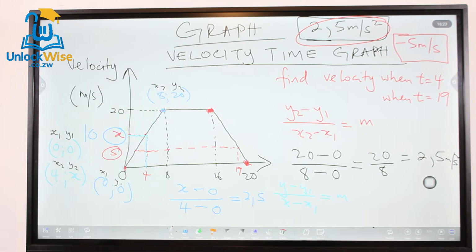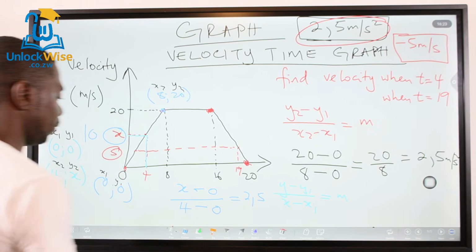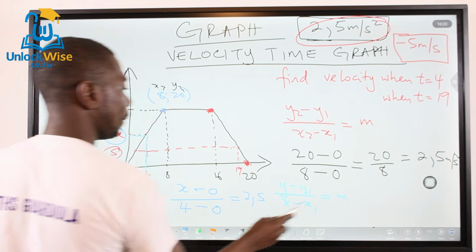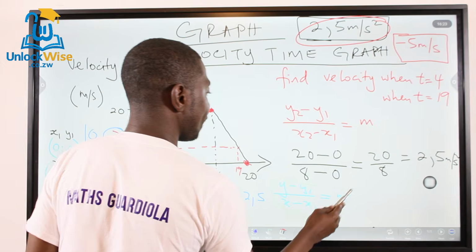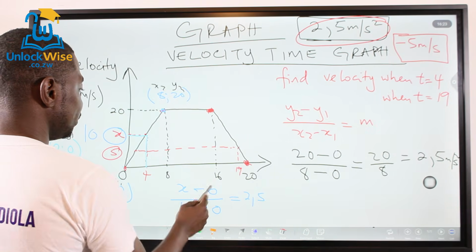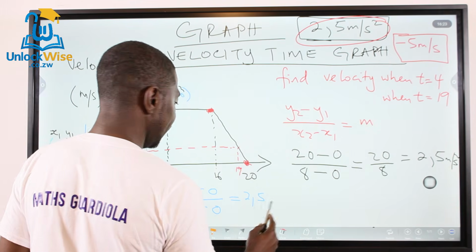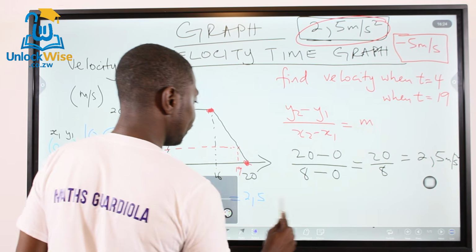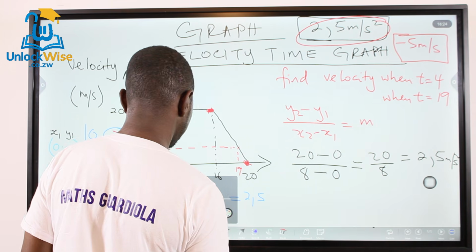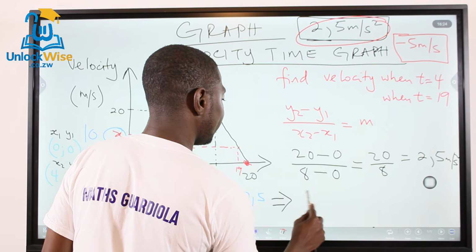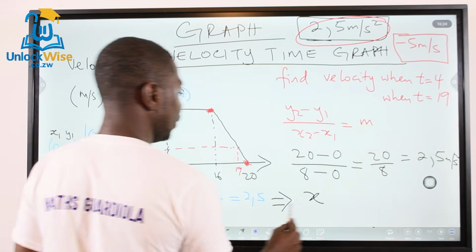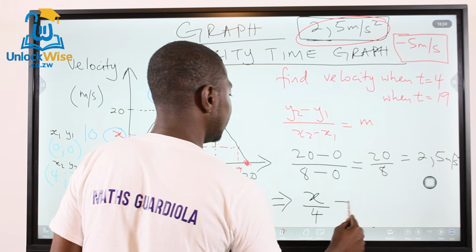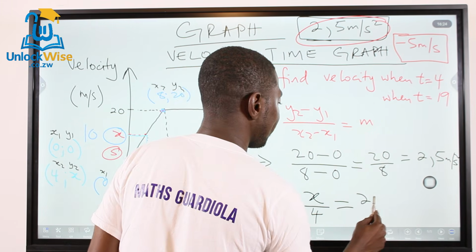Right. So what will happen here is you have x minus 0, which is actually x, over 4 minus 0, which is 4, to give you 2.5.